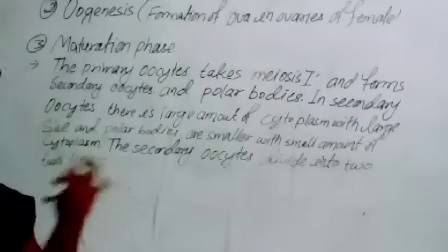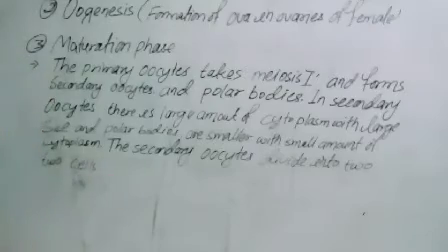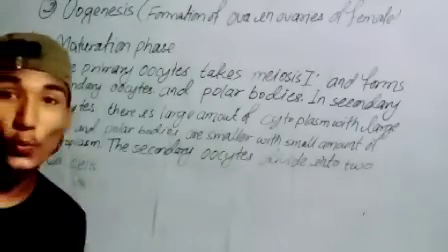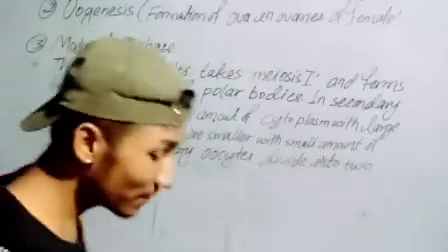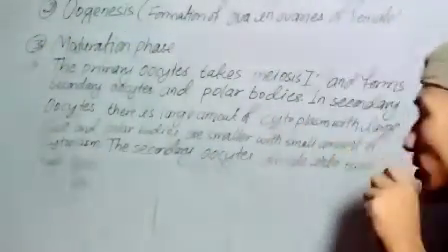Or two cells, you can write two cells. One is ovum. You know the ovum is present in the ovaries of the female, which is called ova.